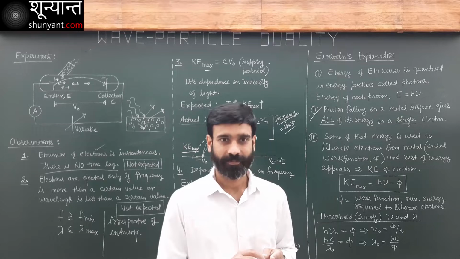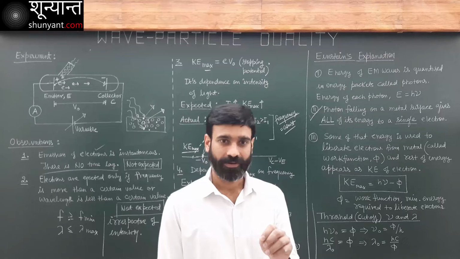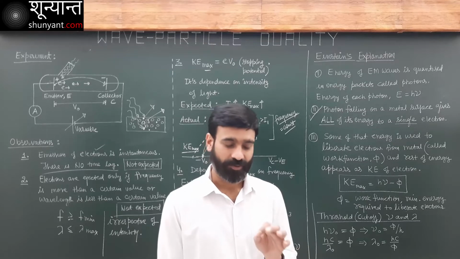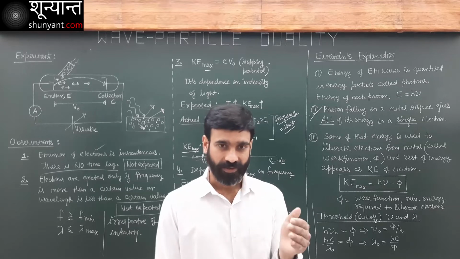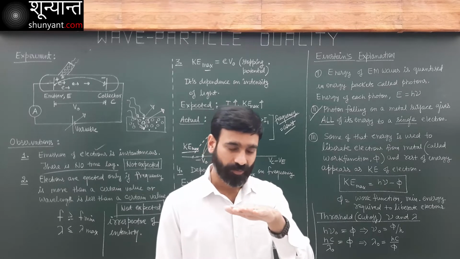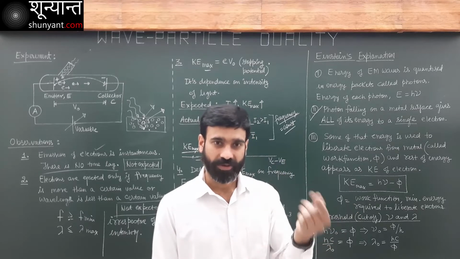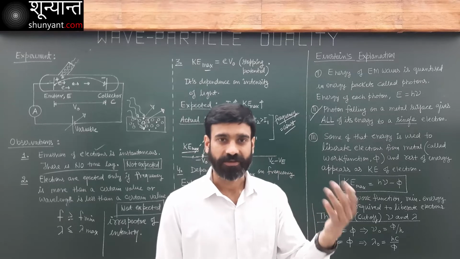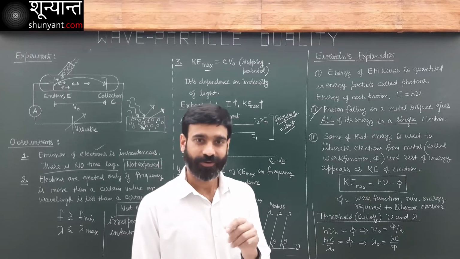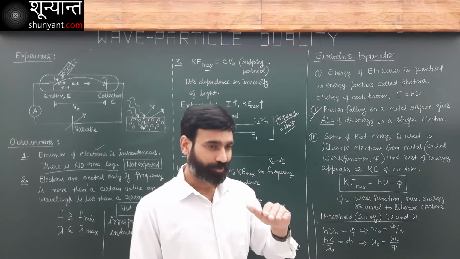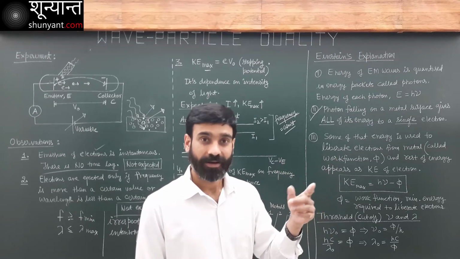If you increase the intensity, understand this. I have a light beam of a given frequency. Frequency is given, wavelength is given. Now, if I increase the intensity, keeping the frequency and wavelength constant, that means the number of photons is increasing, but the energy of each photon remains the same. So when the number of photons increases, they will liberate more electrons. Current will increase.